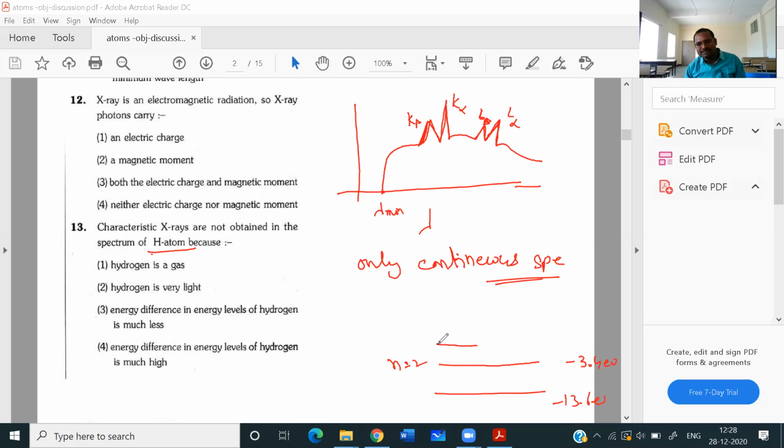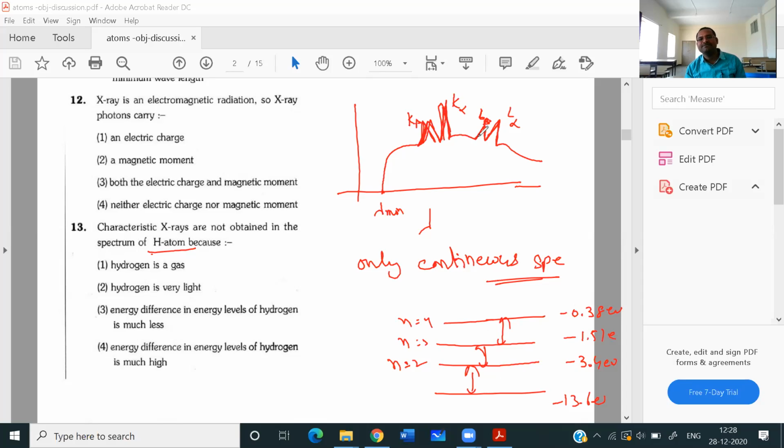Next it is minus 1.51 electron volt, n equal to 3. If you take n equal to 4, it is minus 0.38 electron volt. This energy level difference is very small in hydrogen atom. This is the reason why we will not get characteristic X-rays here.